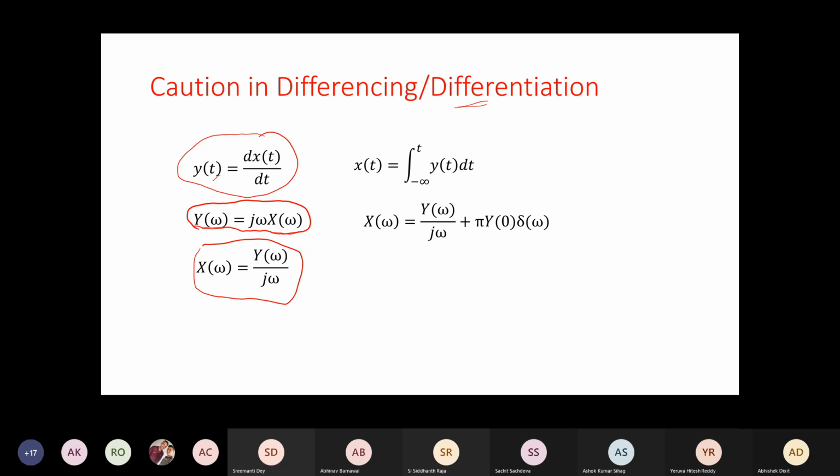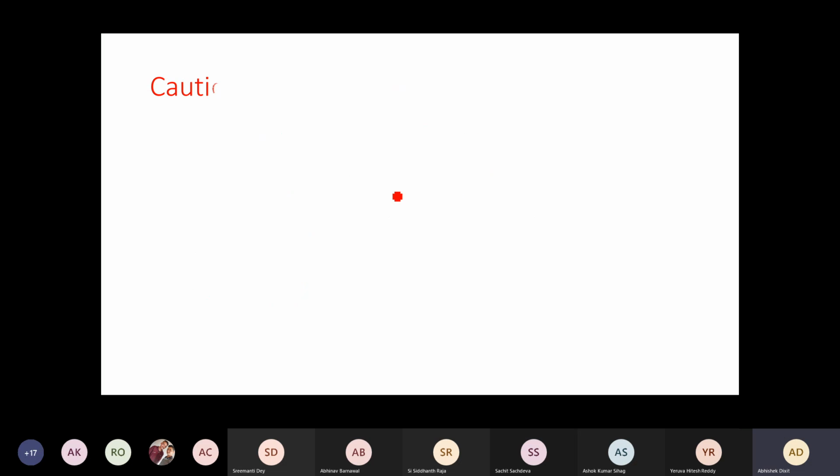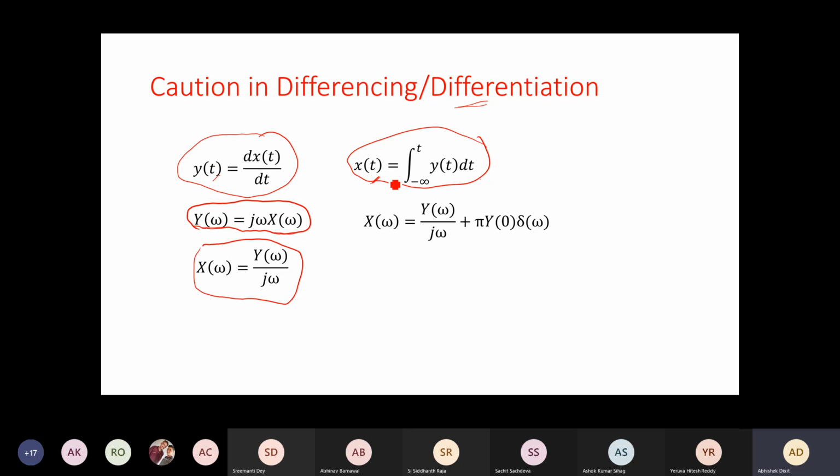Now I do this thing, because if y(t) is dx(t)/dt, x(t) is the running integration of y(t). So I also can find X(ω) from Y(ω) using this relationship. So using this relationship, what I find is X(ω) is Y(ω) by jω plus π Y(0) δ(ω).